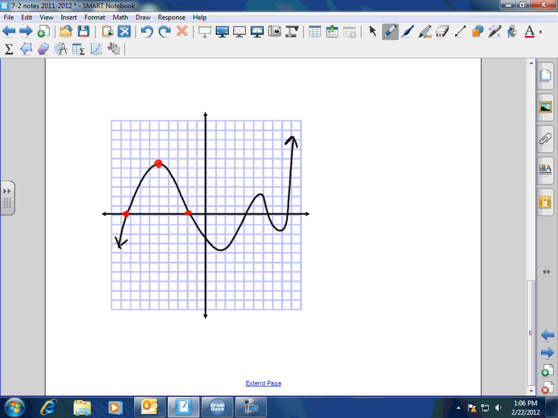This is the local minimum between these two zeros. This is the local max between these two zeros. This is the local minimum between these two zeros. So I cannot say to you one particular, find the max. I can say to you, find the local max and min.